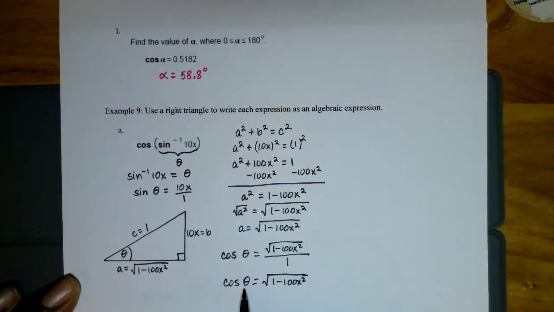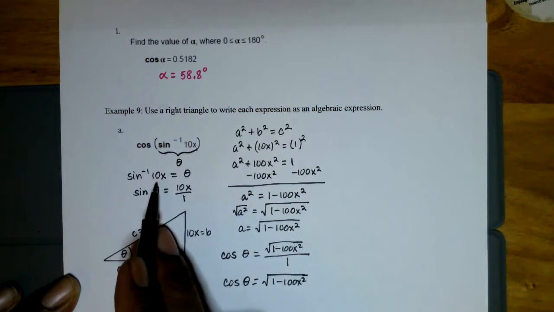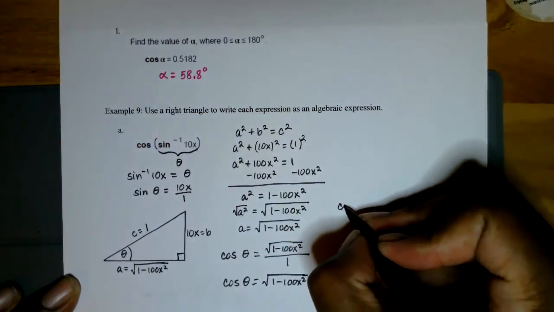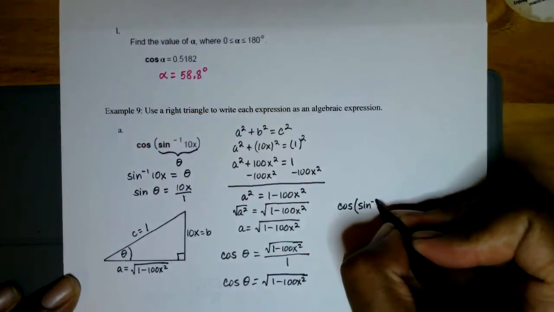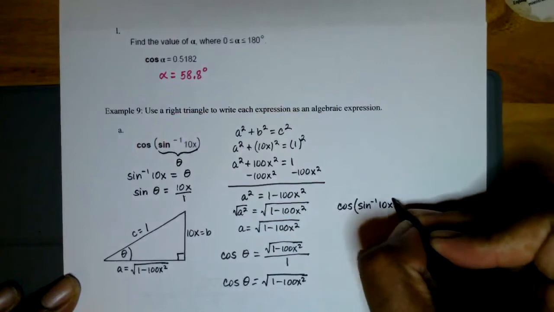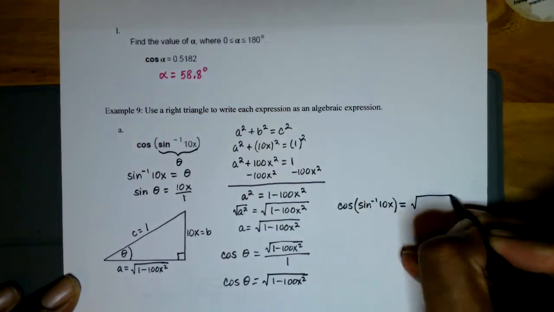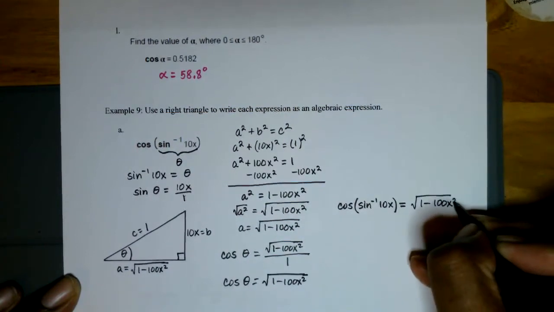And then if I replace that theta with what this is equal to, the inverse sine of 10x, I will have the final answer, which would be cosine of the inverse sine of 10x is equal to the square root of 1 minus 100x squared.